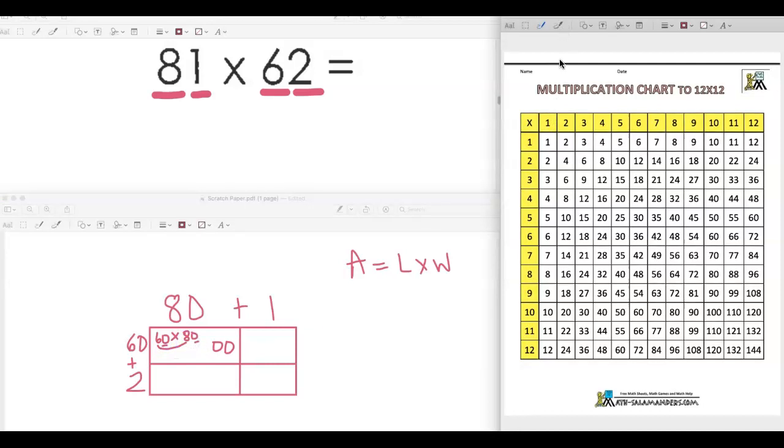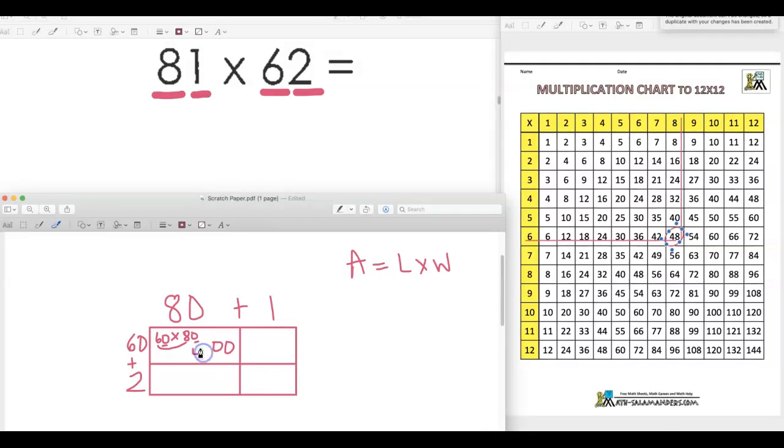If you don't have your basic facts memorized, you can go to a multiplication table, find the 6, and where the 6 and the 8 meet, that's your basic fact. That's the product. 6 times 8 equals 48. Now, 6 times 8 equals 48, but 60 times 80 equals 4,800.